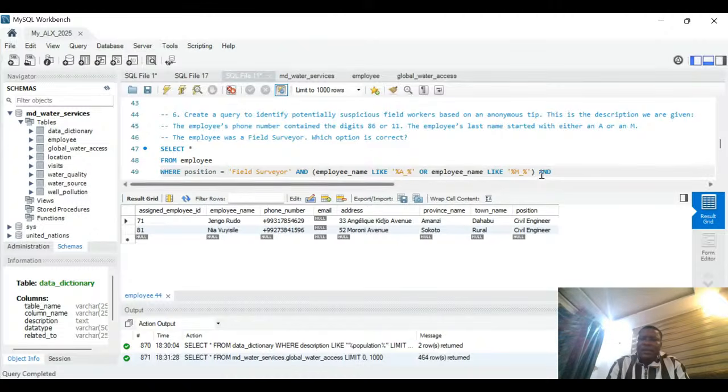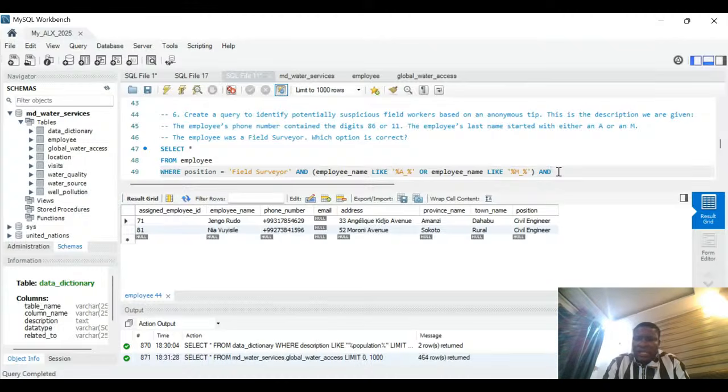Whether the employee name, like they say, starts with A. So this is the expression for the starts with A. Or the name starts with what? M. This is how I express it.